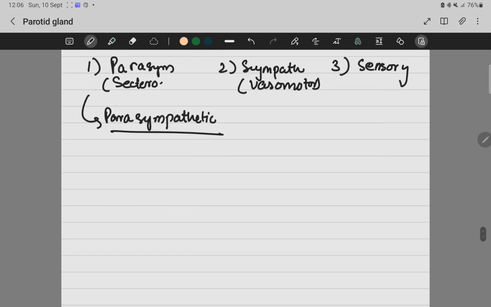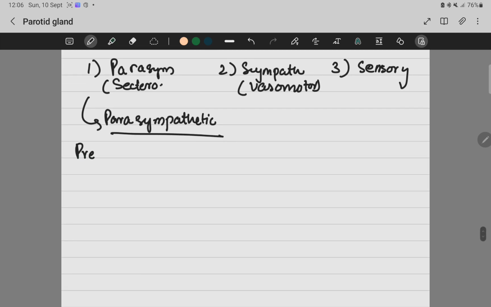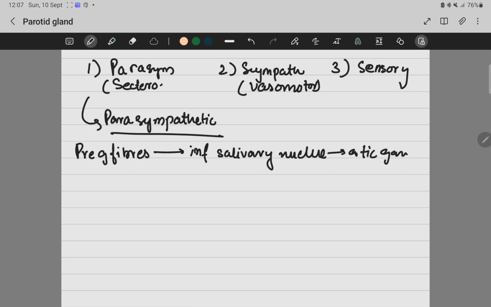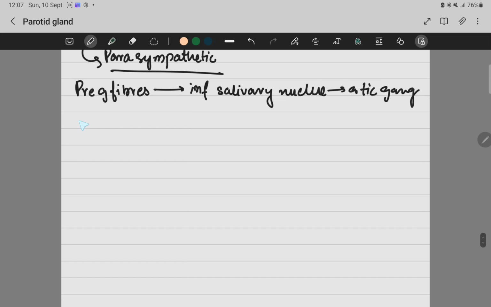nerve supply. First, it has preganglionic fibers that arise from the inferior salivary nucleus, and it travels to the otic ganglion. The course of the preganglionic fiber is from the inferior salivary nucleus, then it goes to the glossopharyngeal nerve.